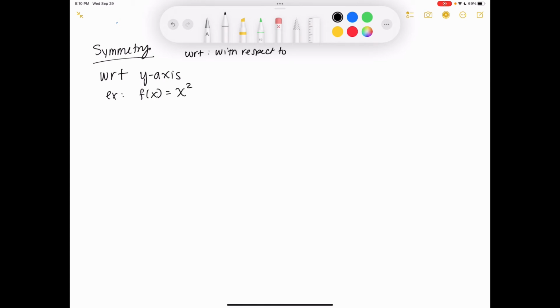And I'm going to show each of these things graphically, numerically, and algebraically.